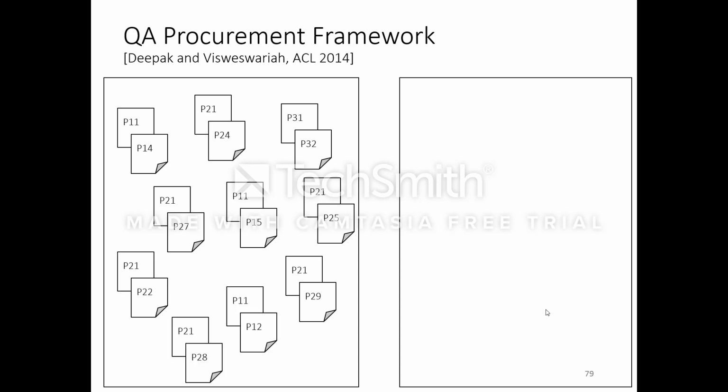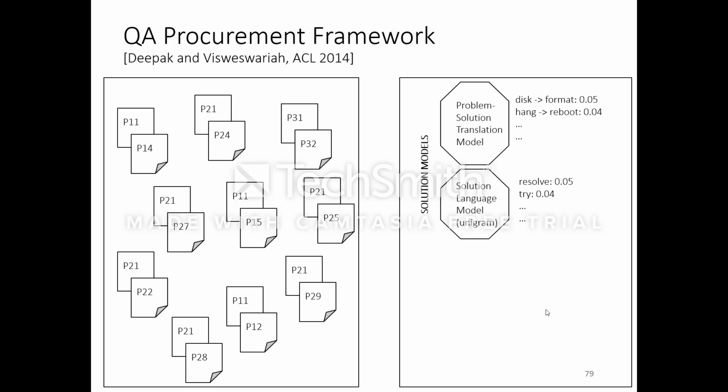And now you need to have some models in order to discover which of them are problem posts, which of them are solution posts, and which of them are QA pairs, and which of them are not, right? And for that, this paper uses two kinds of models, two pairs of models.